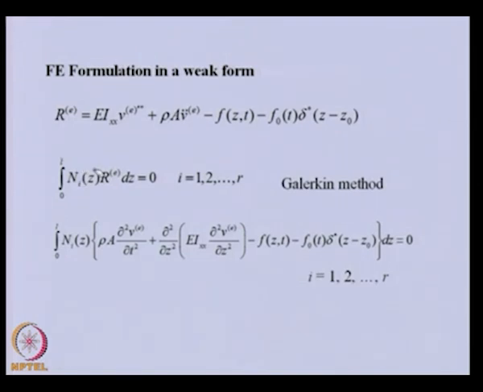So, if we multiply the shape function with the residual, and integrate this residual over the domain equal to 0, and as we know the shape functions will be equal to the number of coordinates, the degrees of freedom of the element, we are substituting this residual in this expression.